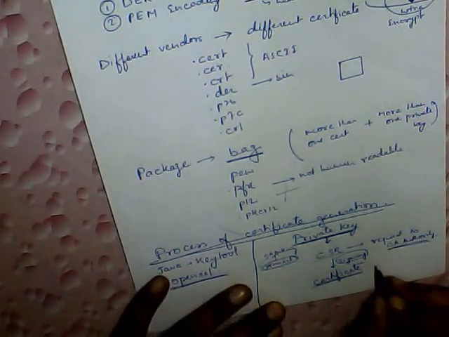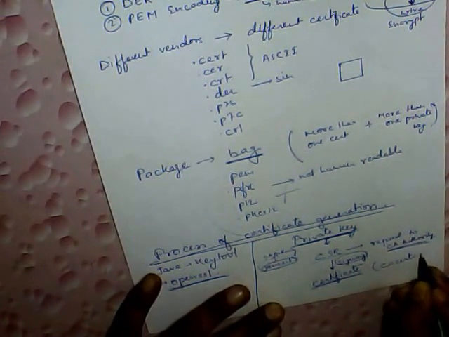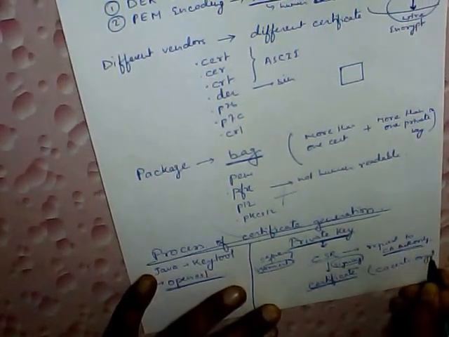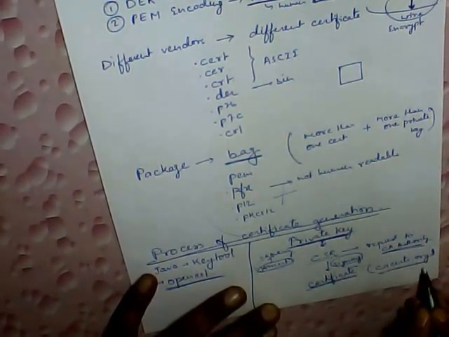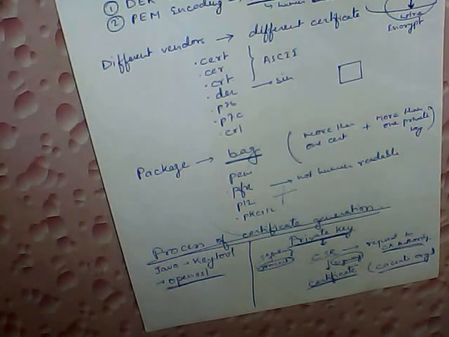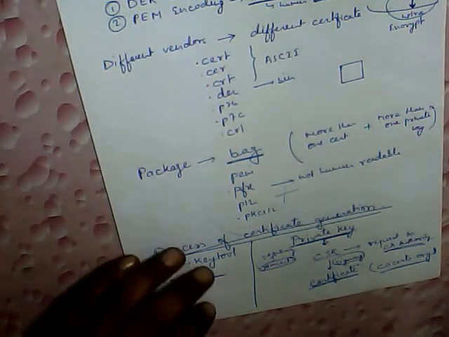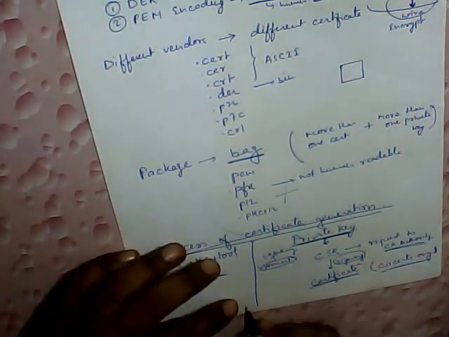If you are generating it by yourself, you can try it for learning purposes on cacerts.org. We will cover in our next video how to use cacerts.org to create our own self-signed certificate. That is only for educational purposes. Don't use it for industrial use, because that can easily be broken. But for educational purposes it is very good.